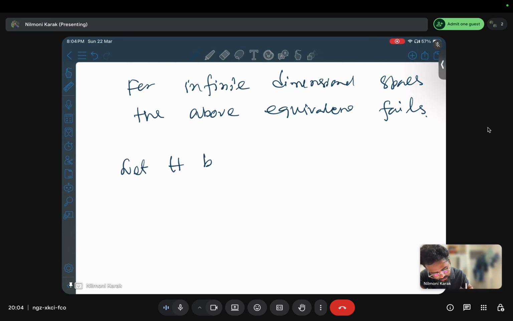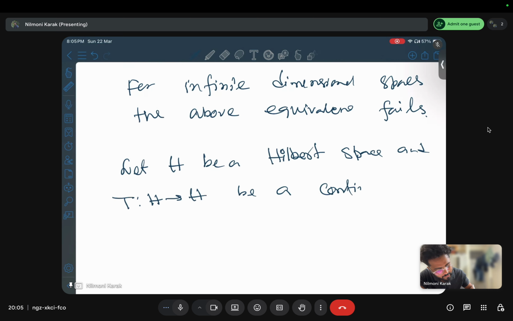Let H be a Hilbert space and T from H to H be a continuous linear map.